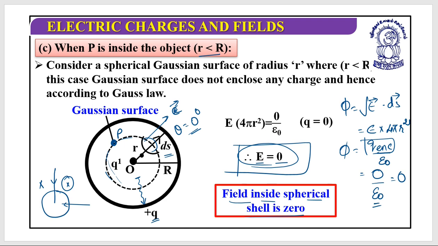First, when point P is outside the sphere, which is r greater than R. Second, when point P is on the sphere, r equals R. And the last, when P is inside the object, r less than R. We have the relation E equals kQ by r square in the first two cases, and in the last case the electric field would be zero because the charge enclosed is zero.